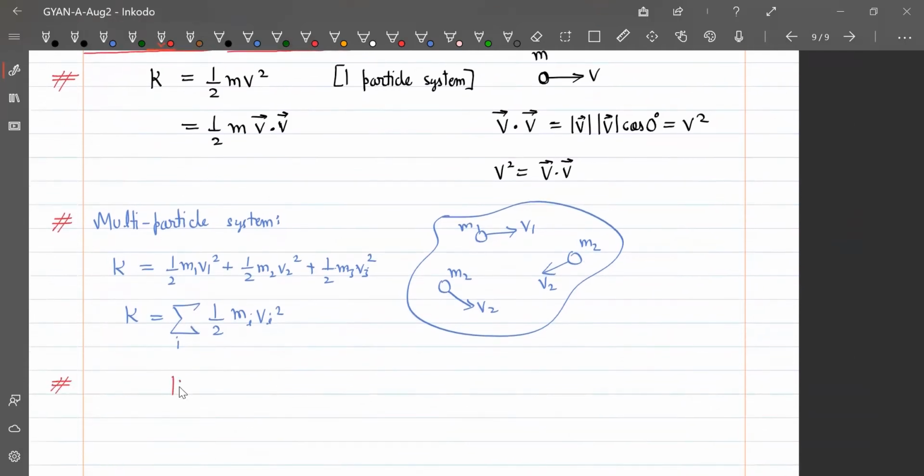So अच्छा, kinetic energy is half m v square. Let us differentiate kinetic energy with respect to time.